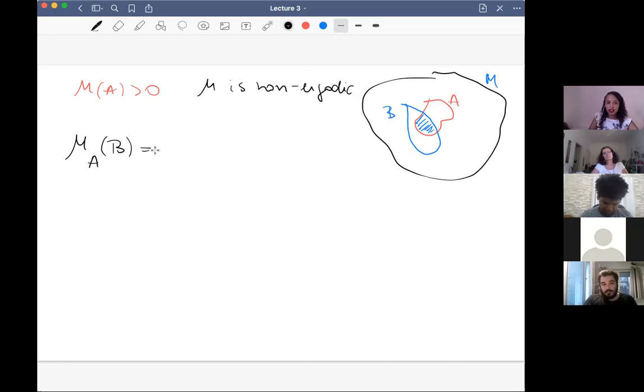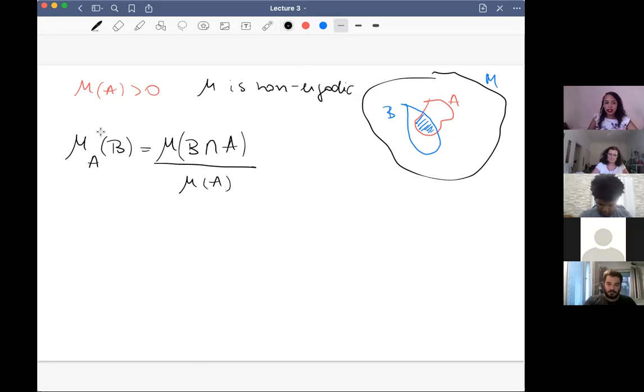I can define it the following way. Take the measure of B intersection A, and divide by the measure of A. Because in this way, you see the relative measure of B inside of A. If you just take the measure of B intersection A, this is not going to be a probability.